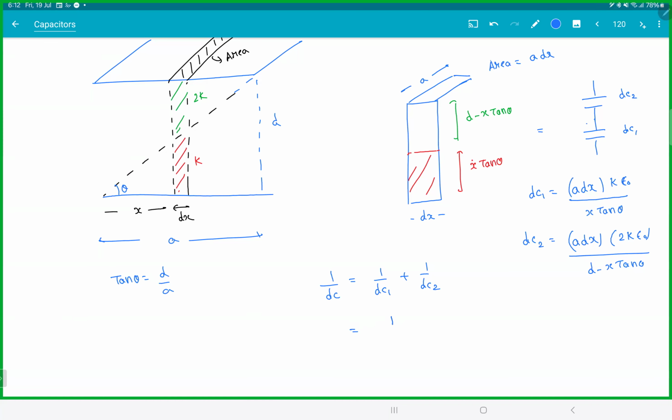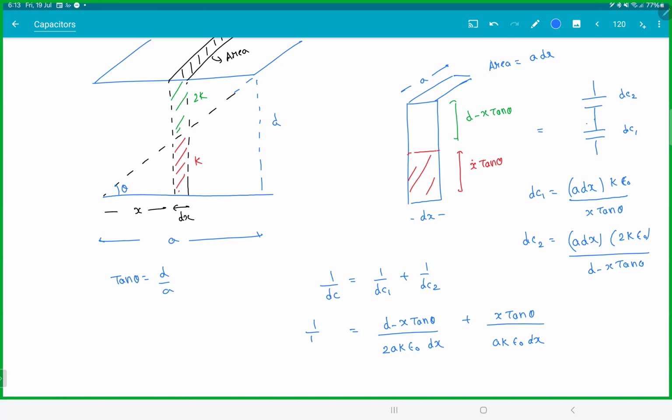So this would be d minus x tan theta by 2 a k epsilon dx. No, I wrote it reverse. This is d minus, no, right only. d minus x tan theta by 2 a k epsilon dx, and this would be x tan theta by a k epsilon dx.